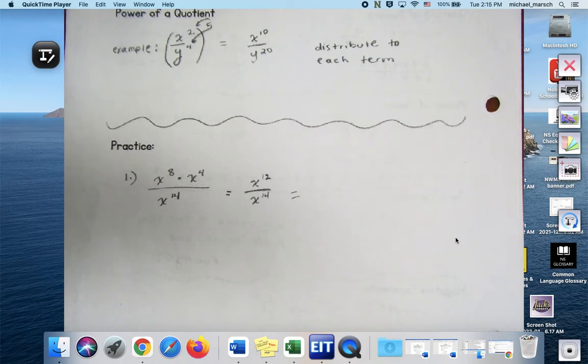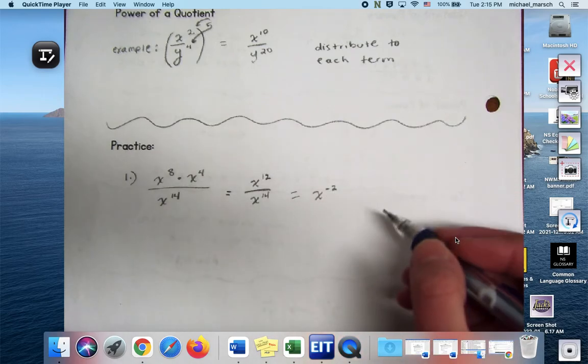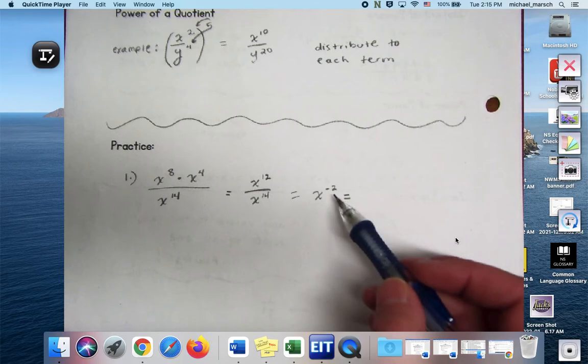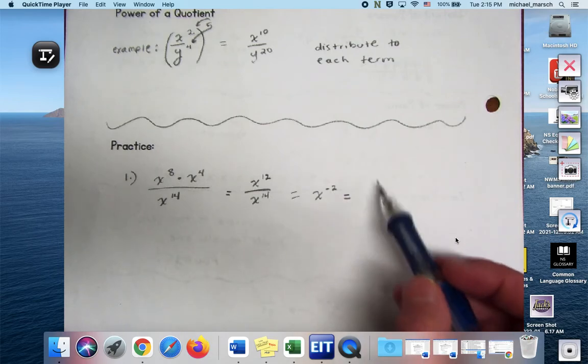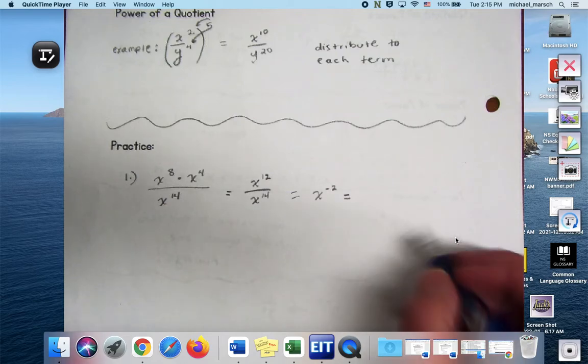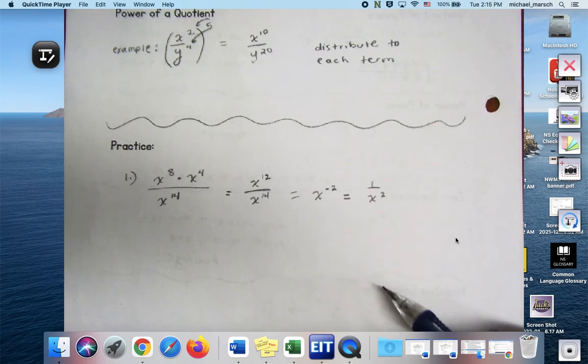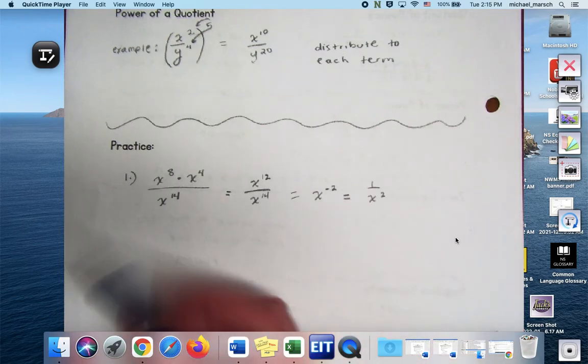Raise your hand next time. Yes, we're going to subtract 12 minus 14, and we get x to the negative 2. And then we know we can't have that negative, so what would my final answer be? Vince. 1 over x to the power 2. Perfect. So that's one way to solve it.